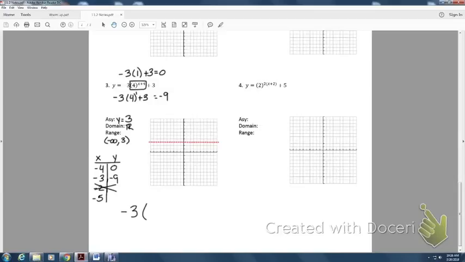Okay, so let's go through this again. Negative 3 times 4 to the power of negative 1 plus 3. Okay, Jesse already told us that the negative exponent does what to its base? What did it do to it on number 2? It flipped it. So I've got negative 3 times 1/4 plus 3. That's going to give me negative 3/4 plus 3, which is what?